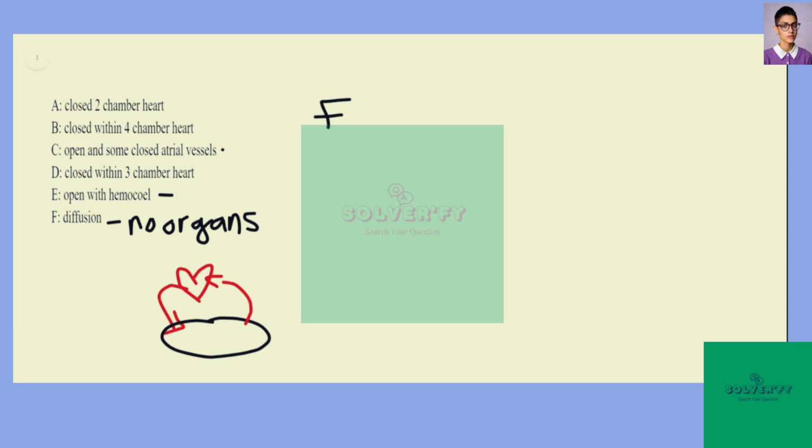And then open with some closed arterial vessels means you have the same system, but there are also some vessels that go somewhere that are closed, so maybe to a particularly important organ, right? And so the one that's adding a feature is going to be more complex, right? So then we can discern that we want F and C next.